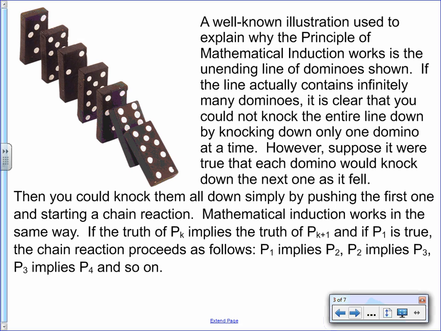If that makes the next one true, and we can show that with algebra, then when we hit that first domino, they're all going to fall. Or in terms of what we're proving, if 1 is true, then we know the rest is going to be true because of that domino effect. How does that sound now that I've explained that a little bit?